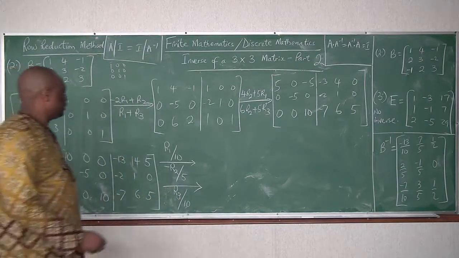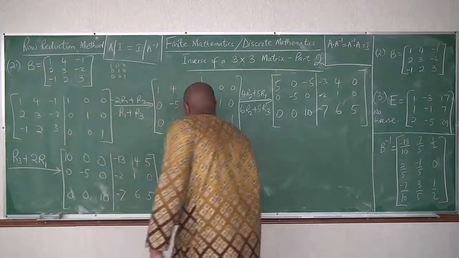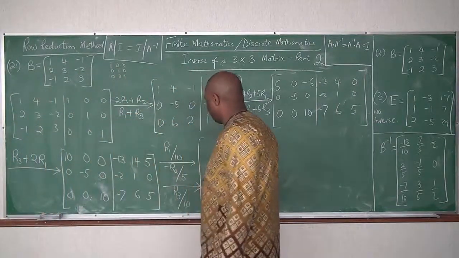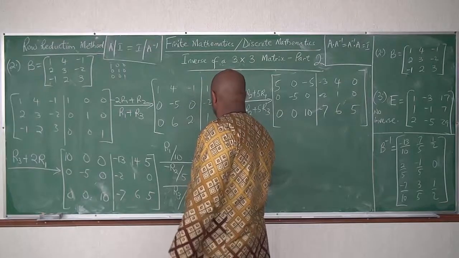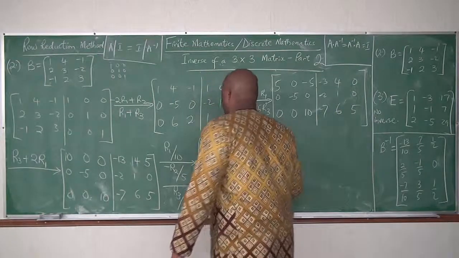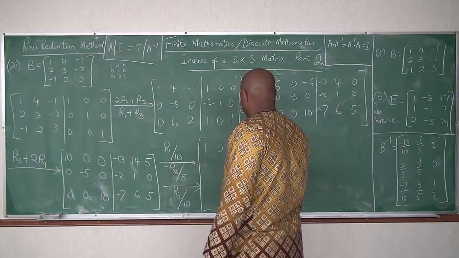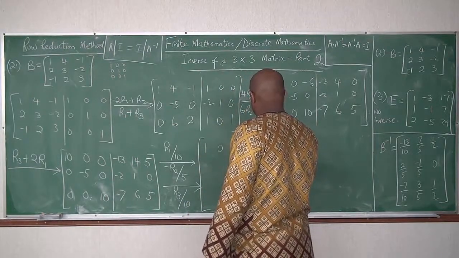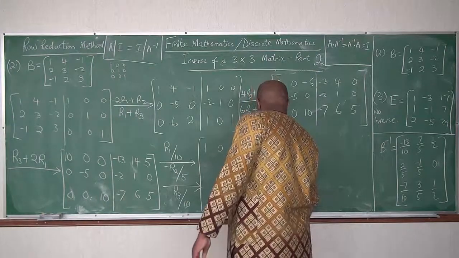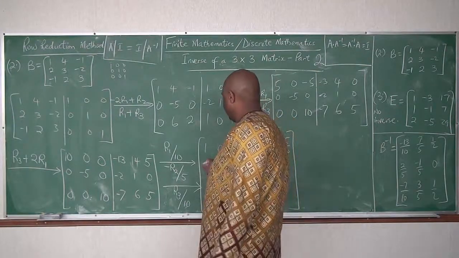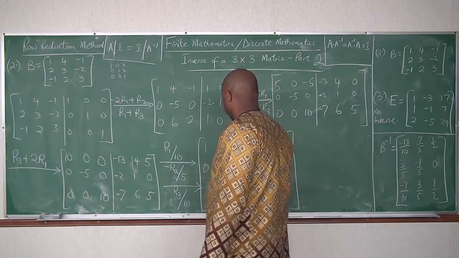You see that? So what we got, folks, we now have 10 divided by 10 is 1, 0, 0. Negative 13 over 10, 14 over 10, 5 over 10. Then we have 0, 1, 0.